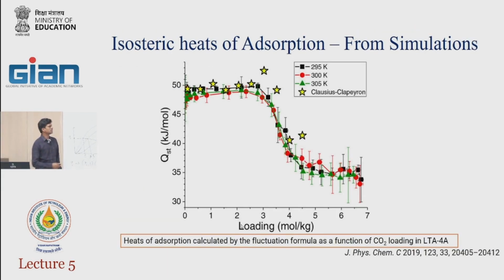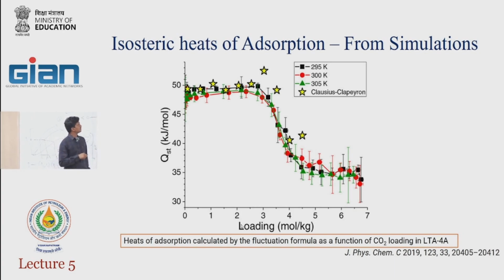So look at this one. This is an example. What we see here in the yellow one is with the Clausius-Clapeyron equation. That means from the experiments, they calculated the adsorption isotherms and tried to get the isosteric heat of adsorption.